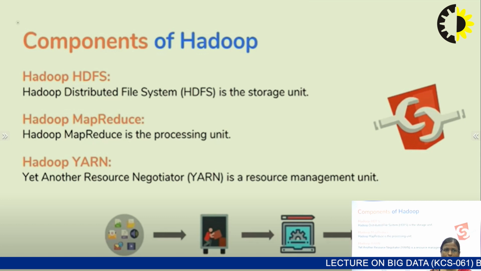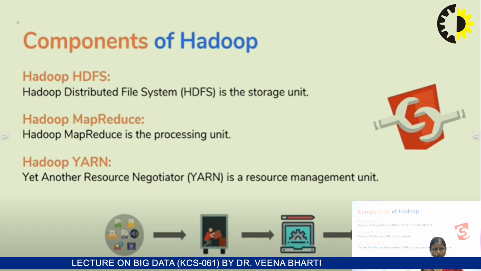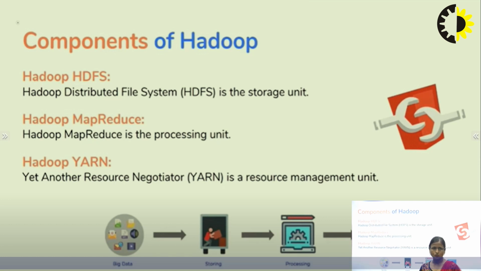That means first data is stored by HDFS, then it is sent to MapReduce for processing, and YARN is a resource management unit that can handle between HDFS and MapReduce. So basically YARN acts as an operating system and as a resource management unit. The full form of YARN is Yet Another Resource Negotiator.